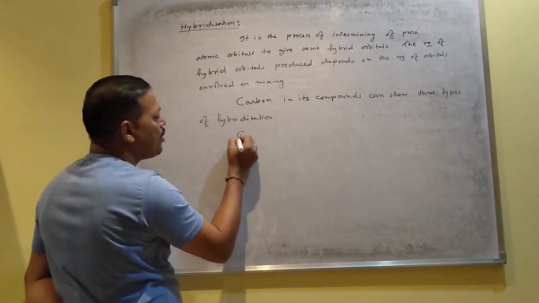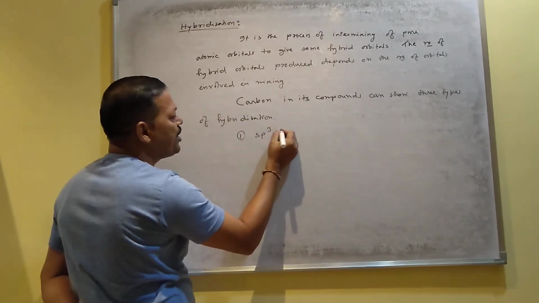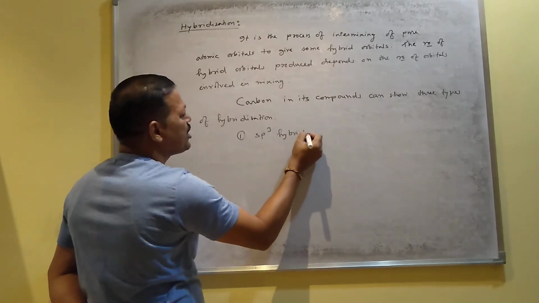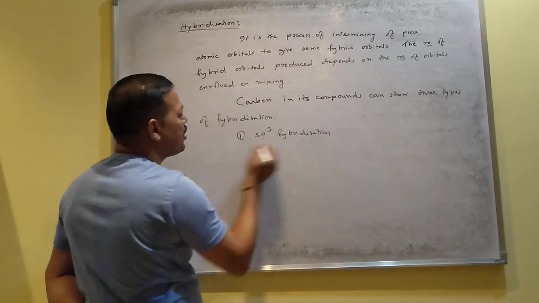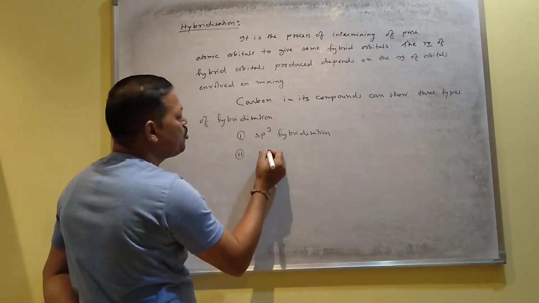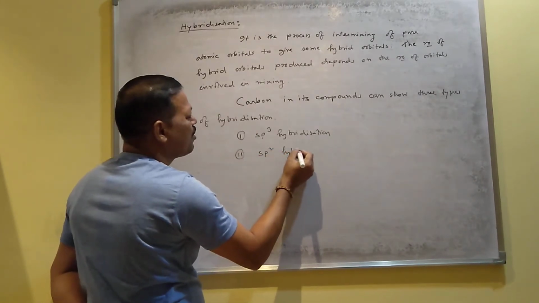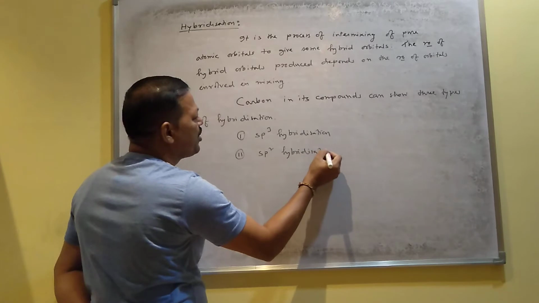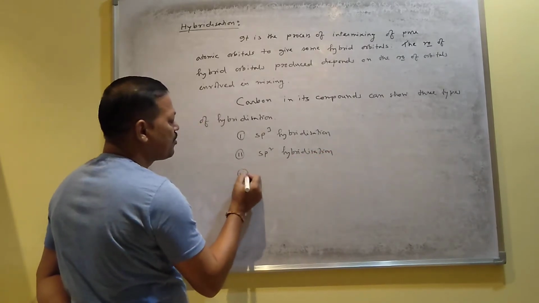What are these? Number 1 is called sp3 hybridization. Number 2 is called sp2 hybridization. And number 3 is called sp hybridization.